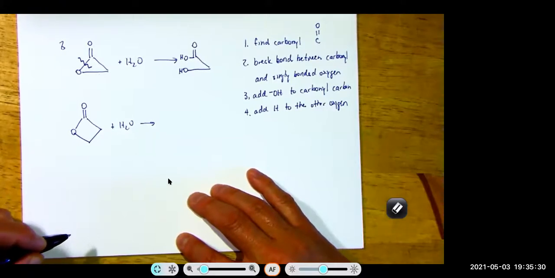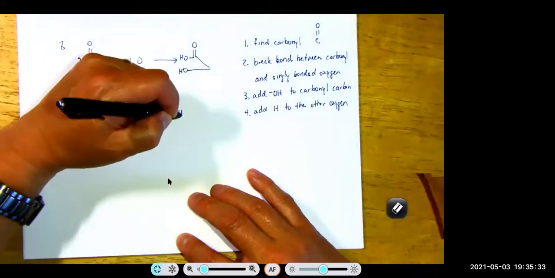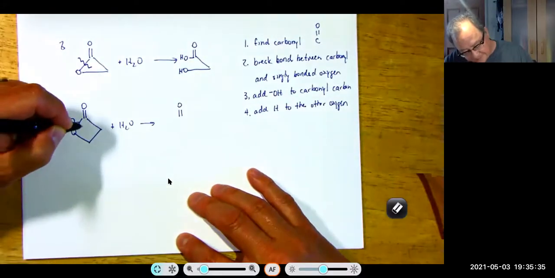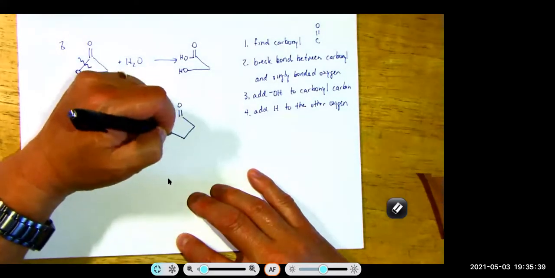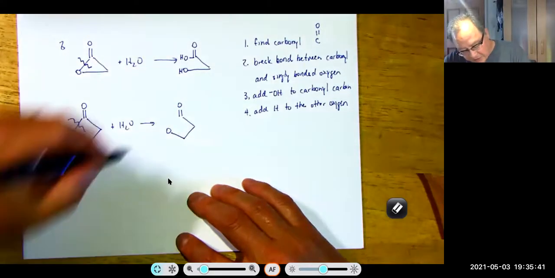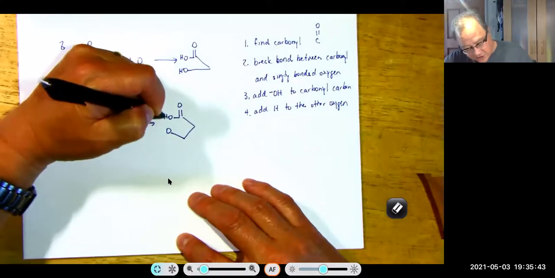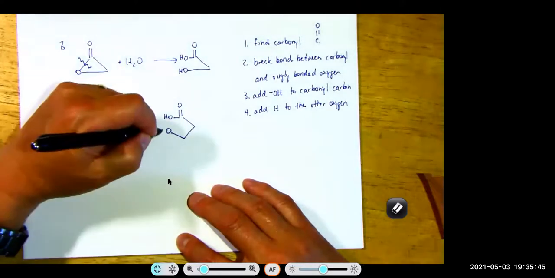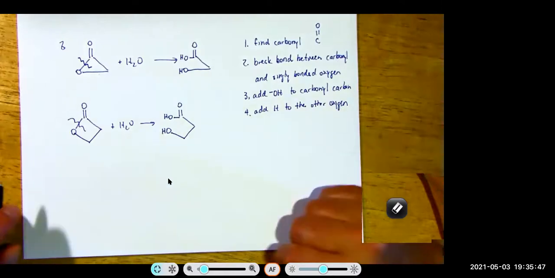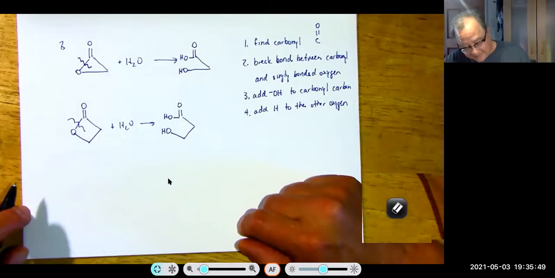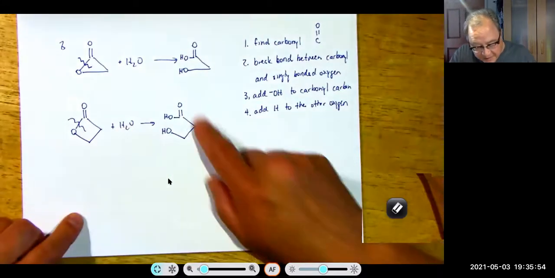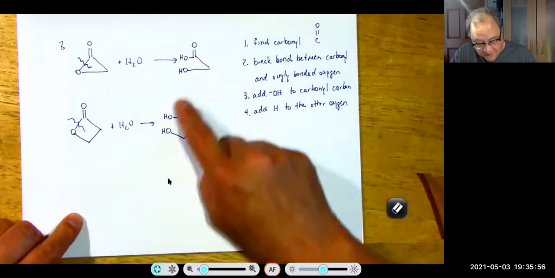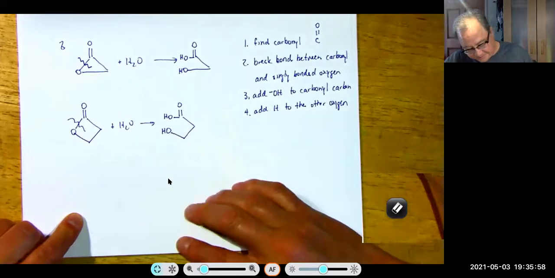Okay, I think I have it. So you're gonna break it right here. There's the oxygen. And we're going to add an OH to the carbonyl and an H to the oxygen. That's it. What are the functional groups in these two products? Carboxylic acid and alcohol.